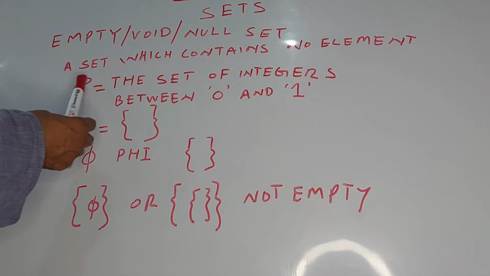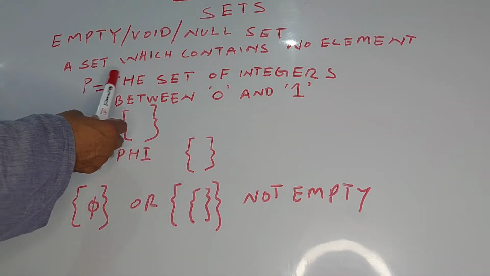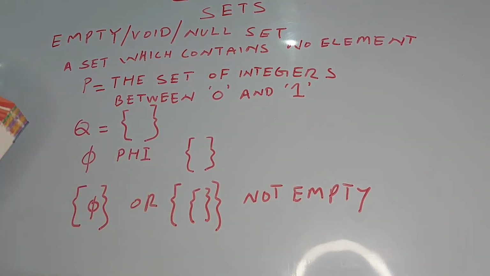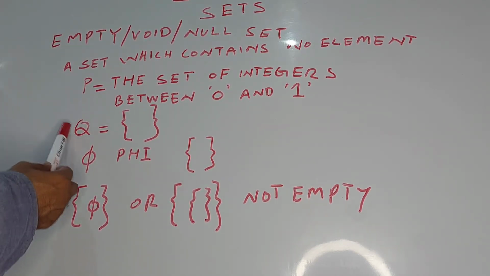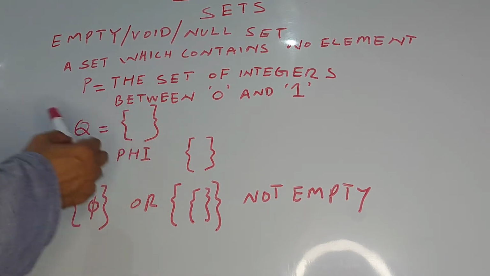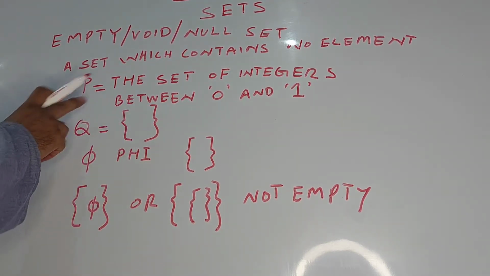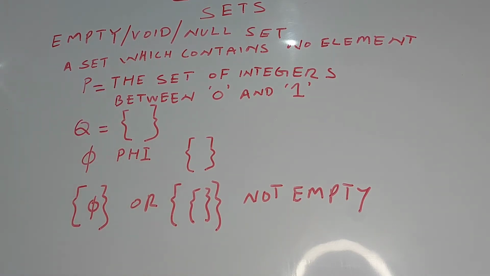For example, P is a set, the set of integers between 0 and 1. So there is no integer between 0 and 1, so P is an empty set. For example, Q is equal to, this parenthesis contains no element. Q is also an empty set or void set or null set.